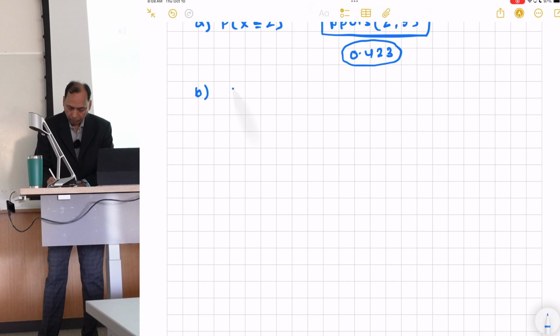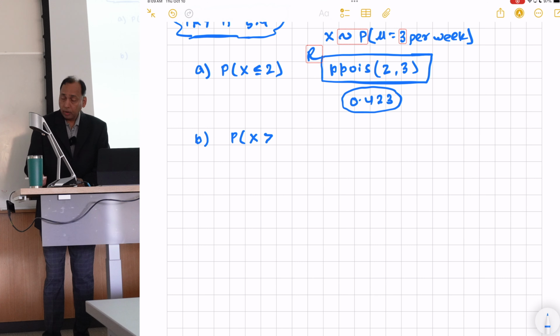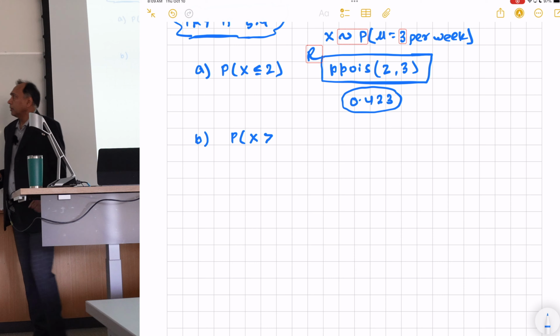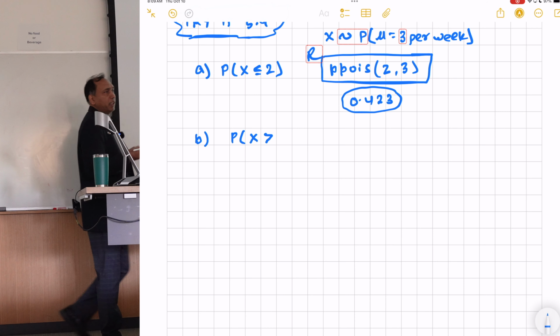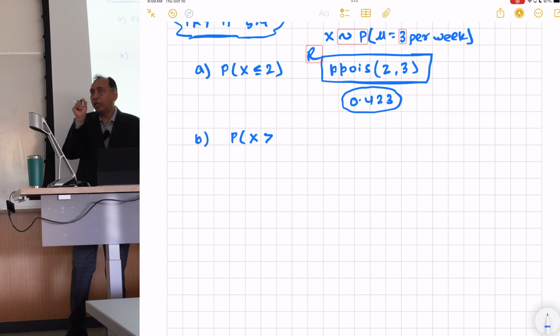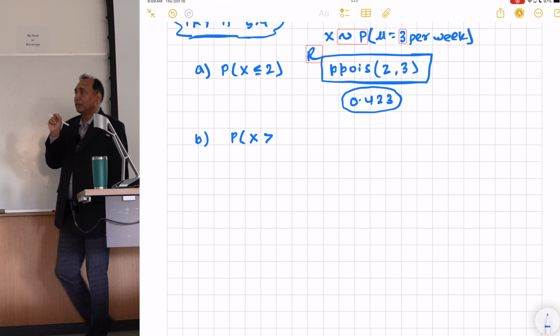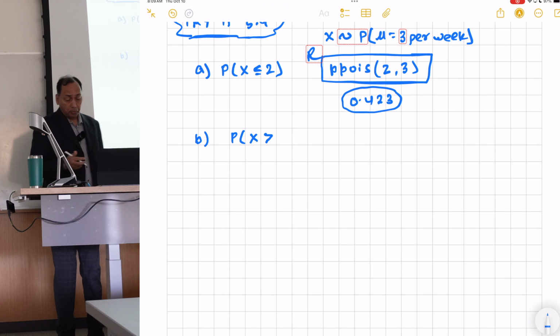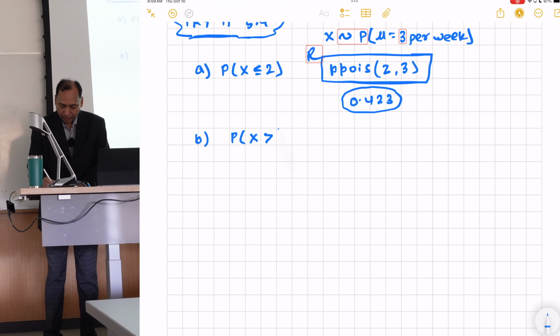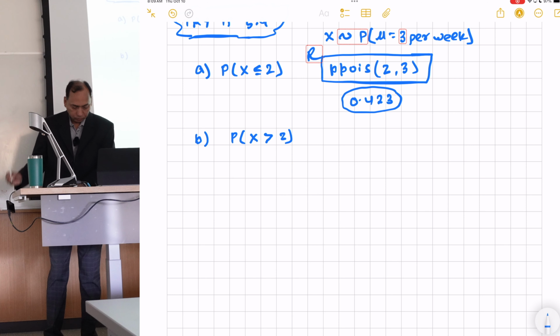Obviously, we are interested in what is the probability that X is greater than 2. I'm simply writing greater than because greater than or equal to and greater than for a continuous distribution is the same, because probability at any single point is 0 for continuous distributions.